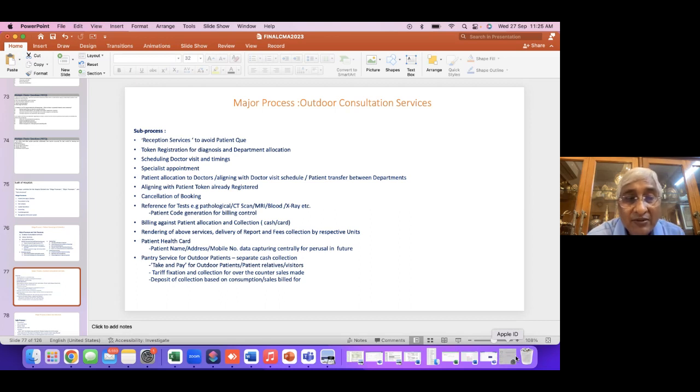So take and pay for outdoor patients, patient relatives or visitors. Tariff fixation and collection for over-the-counter sales made. So there will be a fixed rate which is applicable for all. And also the patients are provided food at their bed from this facility.